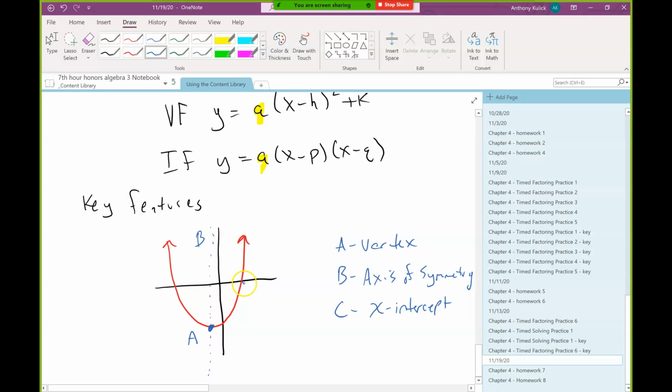The next thing is x-intercepts. In this case, the graph had two x-intercepts, but that doesn't always have to be the case. A parabola could have one x-intercept or no x-intercepts.